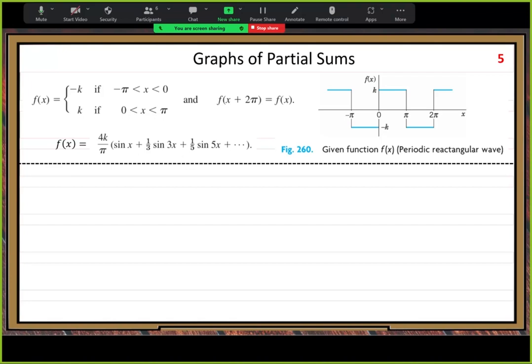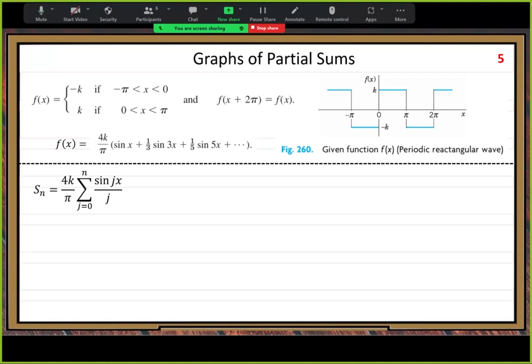To see how good the approximation is, we use the partial sum. Remember, in the power series, we used the partial sum concept. Here, in this trigonometric series, we also use the partial sum concept.